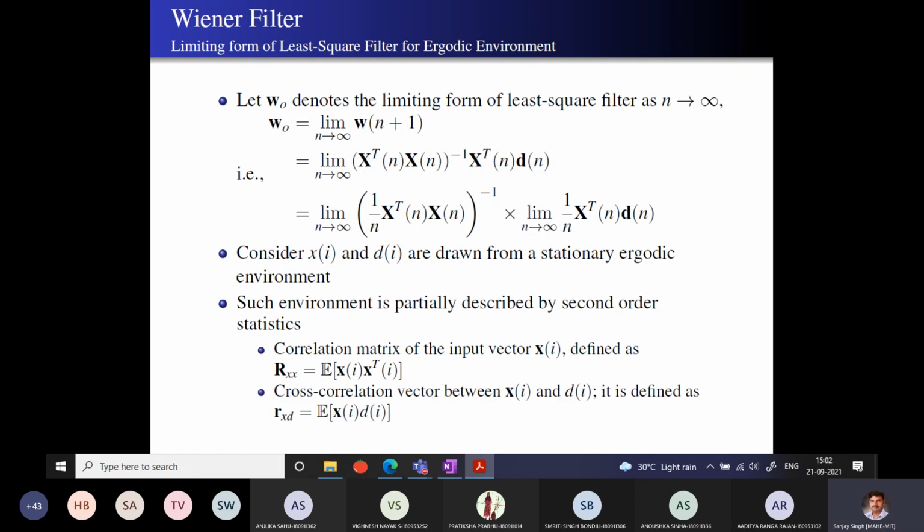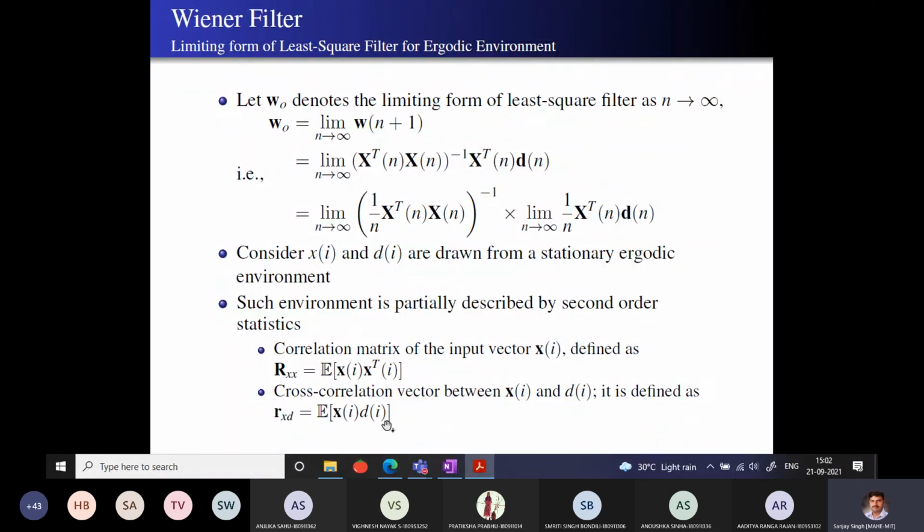And then there is a cross correlation vector between x_i and d_i, which tells you how they are related. Remember that during regression we understood this with the statistical properties. What do you mean by that? Cross correlation, correlation, etc. We define this as the product of x_i and d_i.